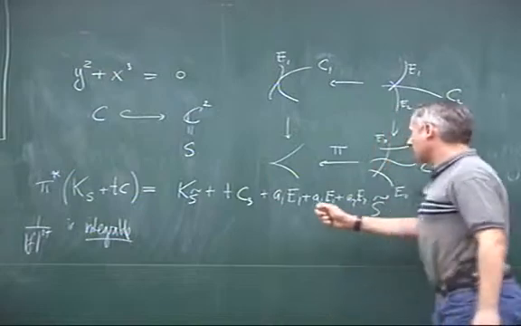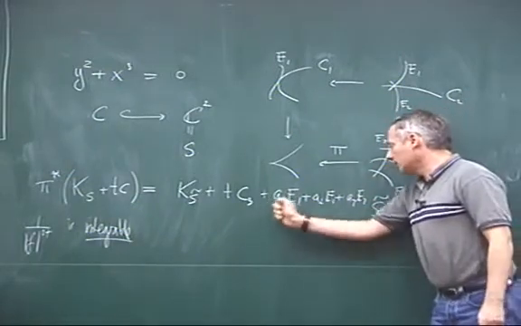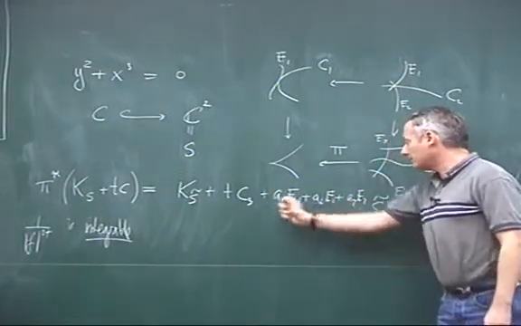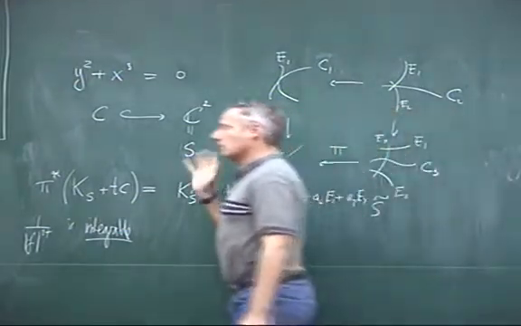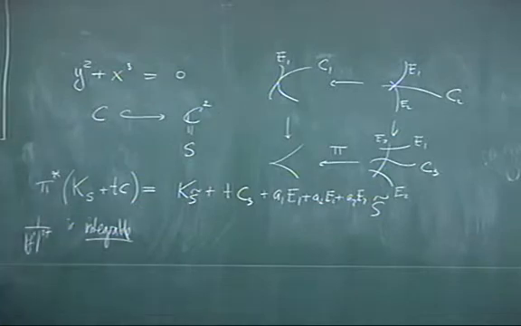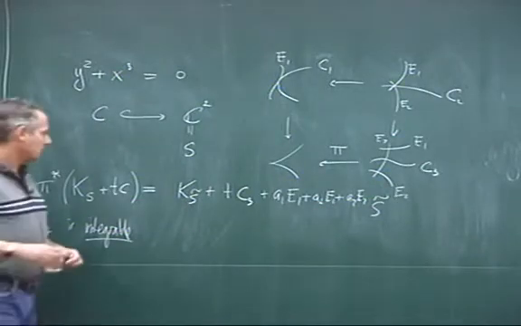Well, the point is that you just have to keep track of these numbers. If any of these numbers becomes at least 1, then that's like saying you've just got locally something like z equals 0, and of course we've already seen that that's not integrable.